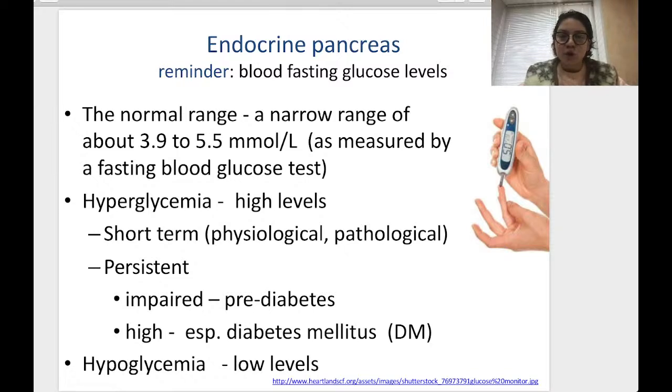We name it normoglycemia. Everything lower than 3.9 is hypoglycemia. Everything higher than 5.5 we can name hyperglycemia. Hyperglycemia can be short-term or persistent. Short-term can be physiological hyperglycemia, for example after eating something sweet.